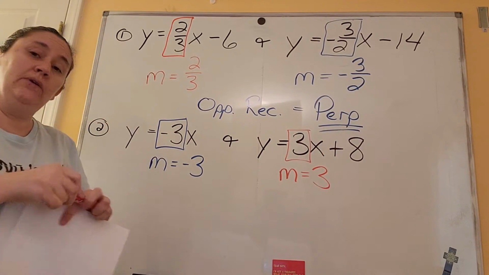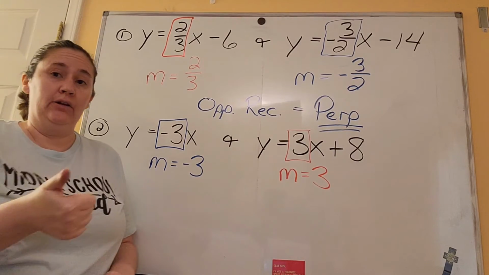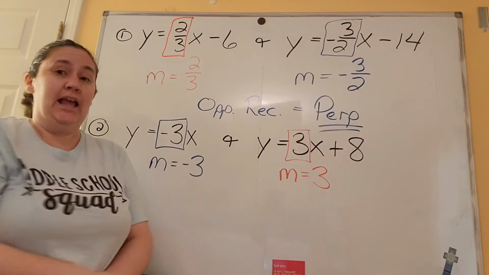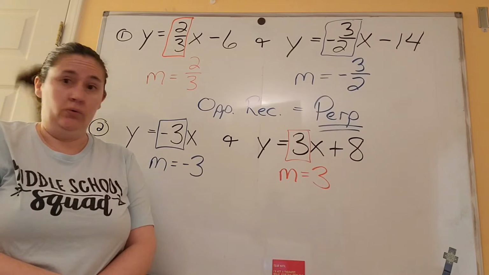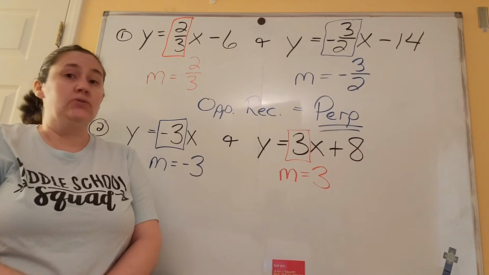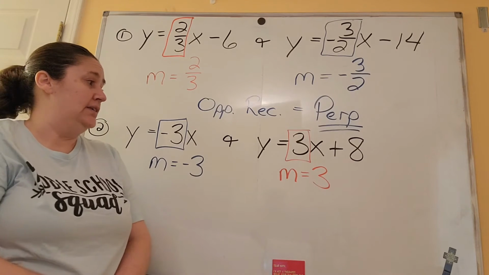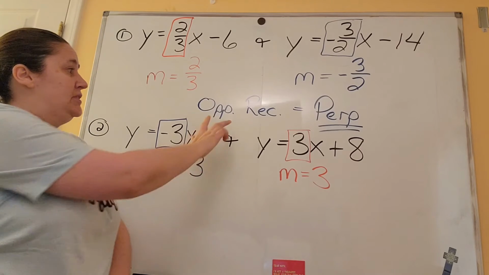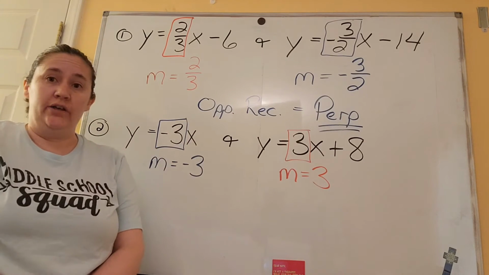So we need to figure out, are the lines parallel, perpendicular, or neither? Are these two slopes the same? No, they're not. This is negative 3 and that's positive 3. The slopes are not the same, so these lines are not parallel. Are the slopes opposite reciprocals of each other?